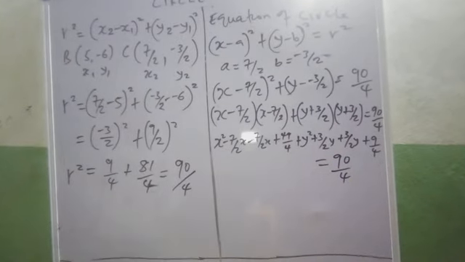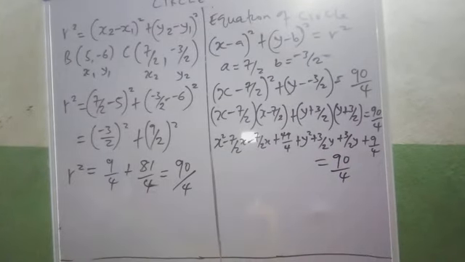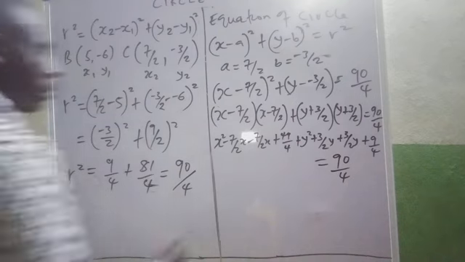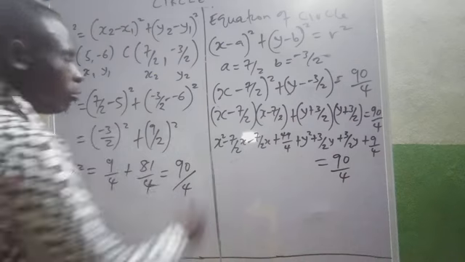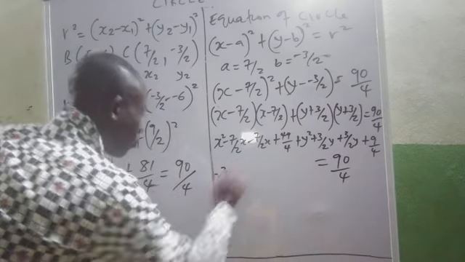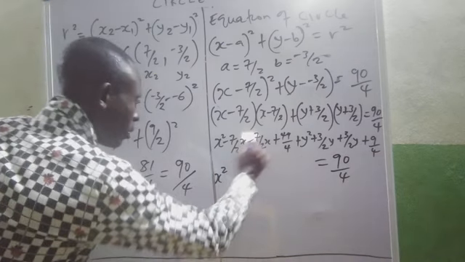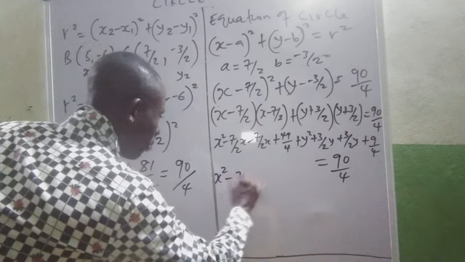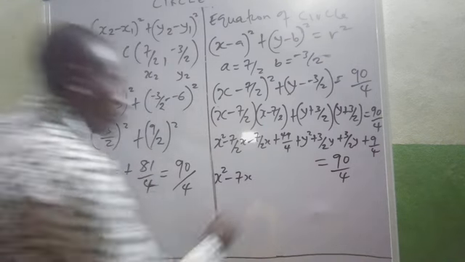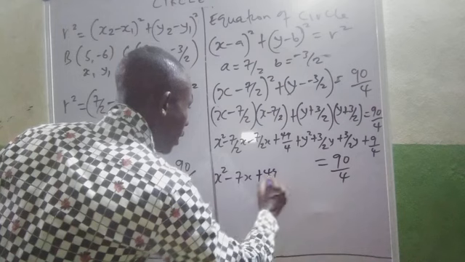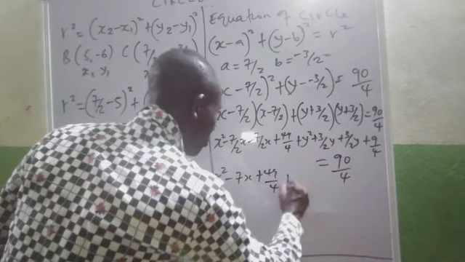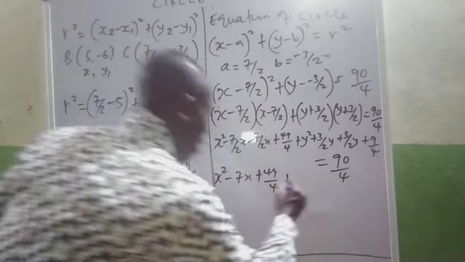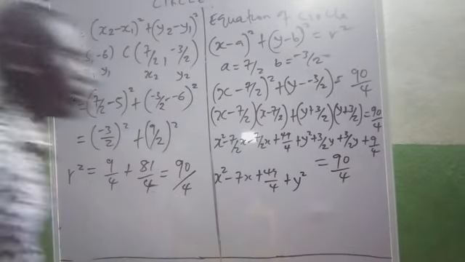So if you solve this very well, you are going to have this plus this is 14 over 2. So I will have x squared, 14 divided by 2 is minus 7x, plus 49 over 4, plus here you have y squared.